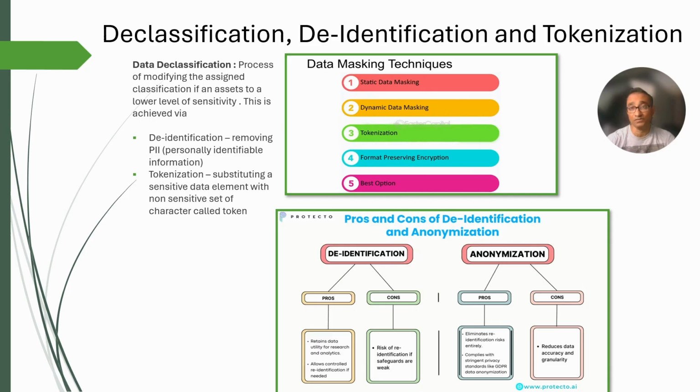You can de-identify the data by taking the meaningful attributes out of it, and you can tokenize it, for example, embedding it with junk or useless data attributes in between, which makes the data garbage. So that is also a way to protect your data.